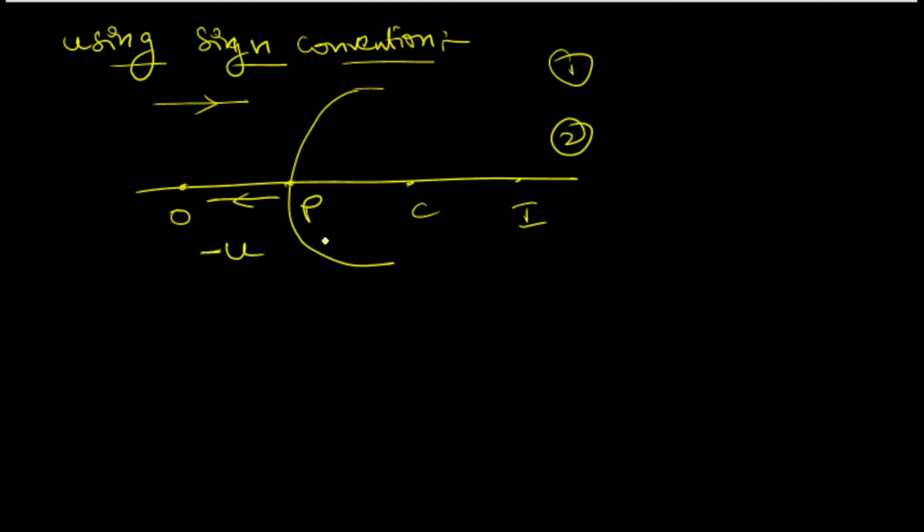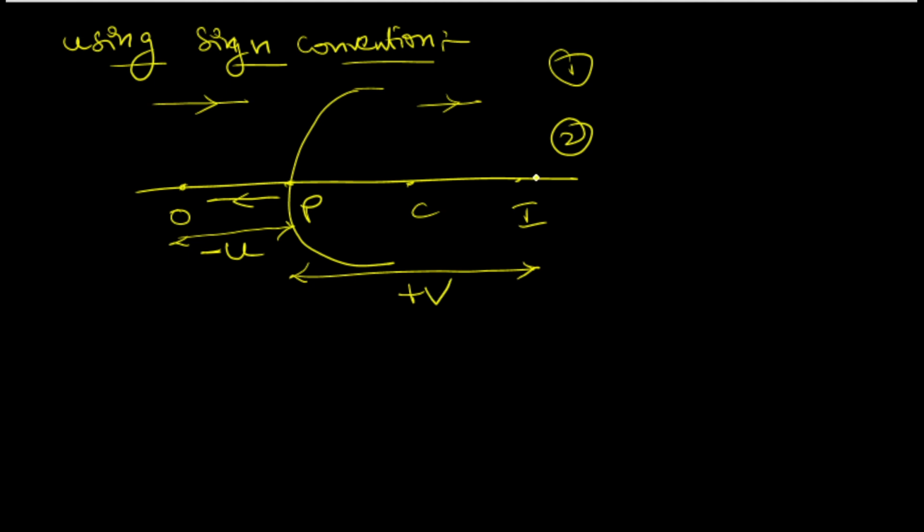And coming to the image distance, we are measuring it from the pole in the incident ray direction. Therefore we take plus sign here.